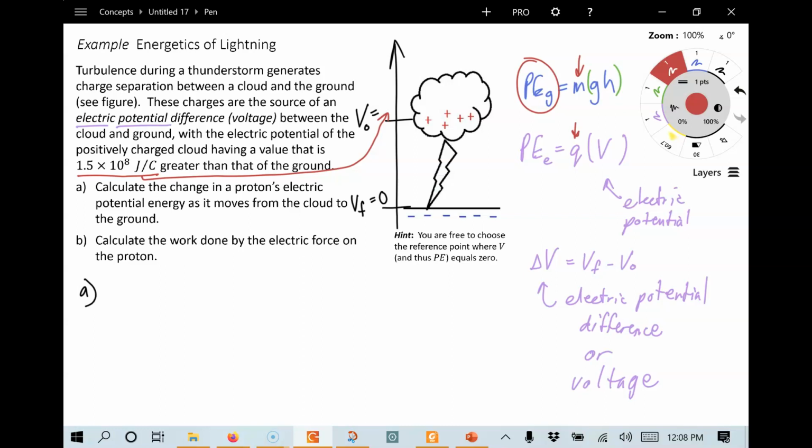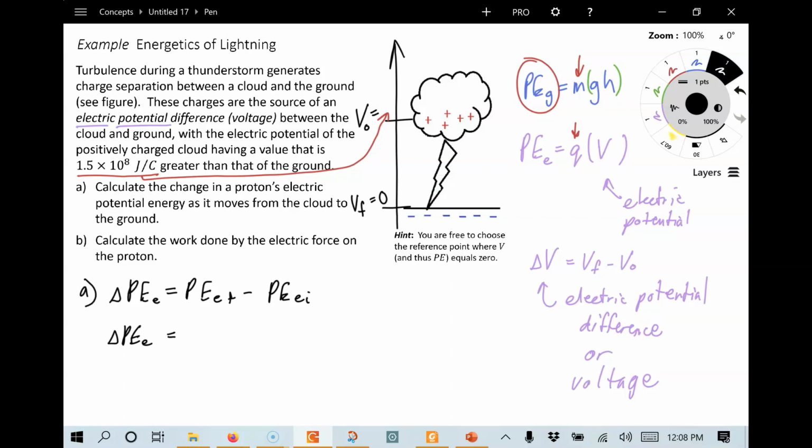Calculate the change in the proton's electric potential energy as it moves from the cloud to the ground. Well, let's go ahead and do that. So delta PE electric, I'll usually just ignore the E because we'll always be electric in this chapter. That's going to be PE electric final minus PE electric initial. We have an equation for that, right?